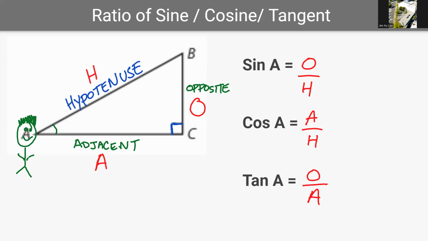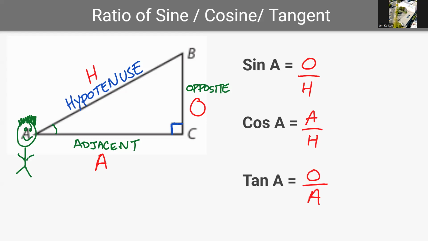Lastly, what I'm going to say is, yes, you have to memorize this, but there is an easy way to memorize. And no, the short side is not always going to be the opposite side.